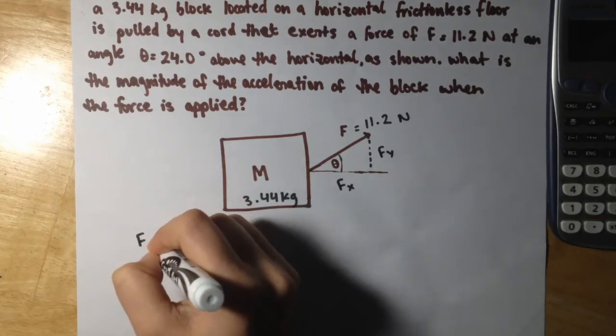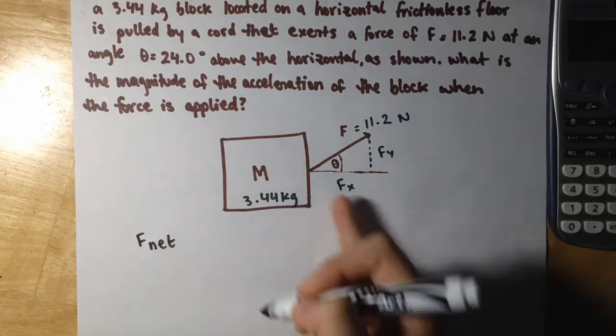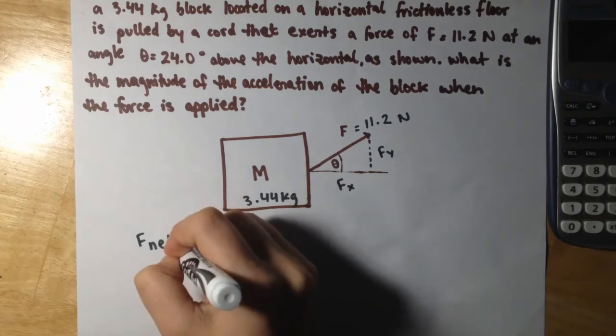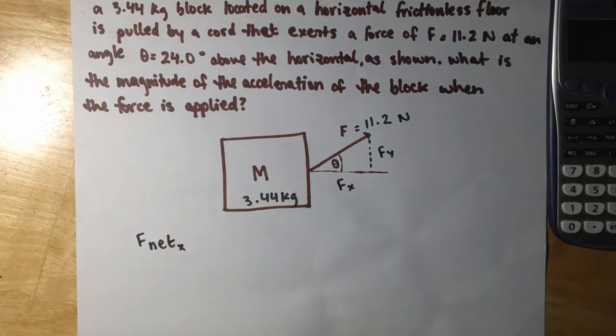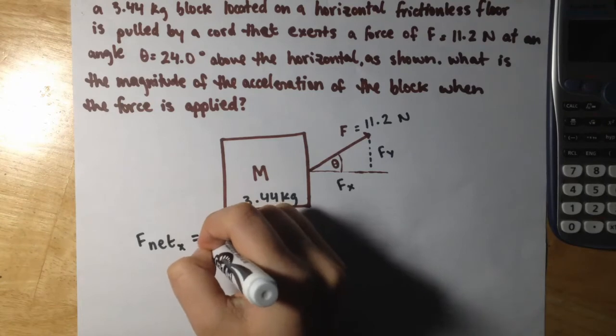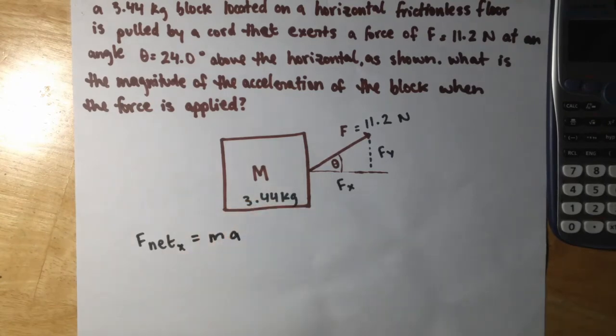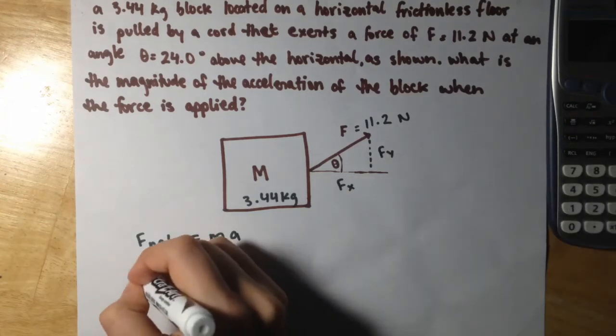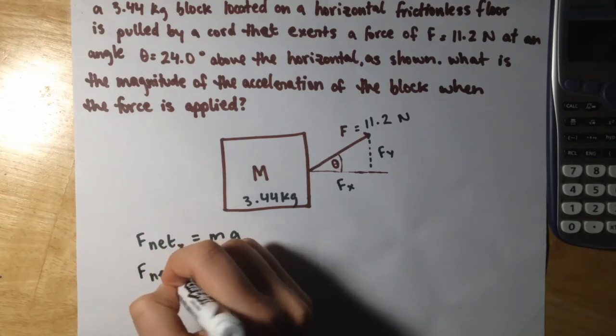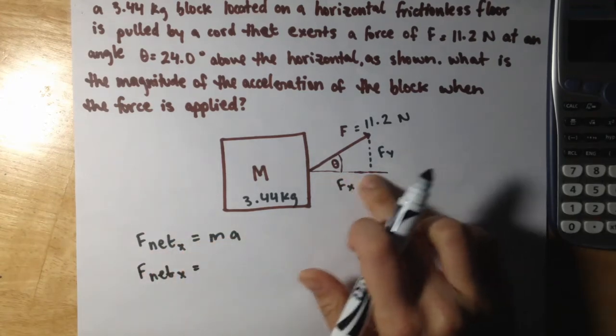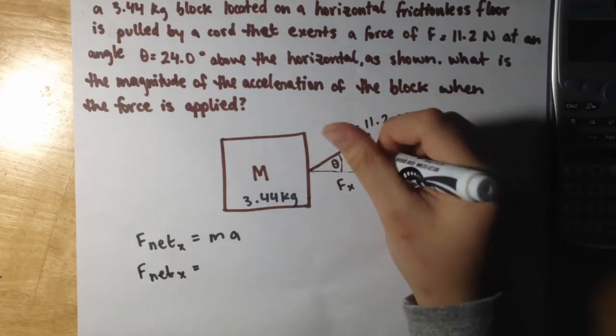So we can write Newton's second law out. F net in any direction. Let's choose the x direction. So F net, the sum of the forces acting in the x direction, is equal to the mass times the acceleration. To solve for the x component of the force, we can use trigonometric rules and SOHCAHTOA. We can look at it as a right triangle.